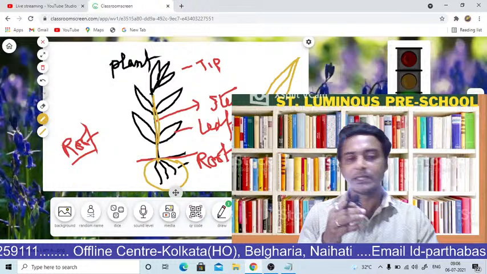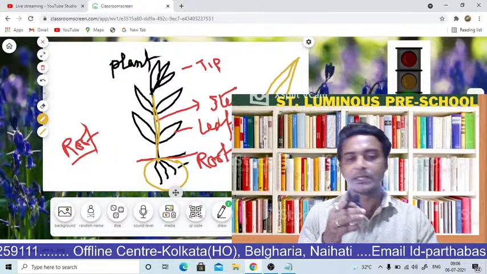It has a main vein that is called the midrib or main vein, and the presence of secondary veins. So this is a complete leaf.